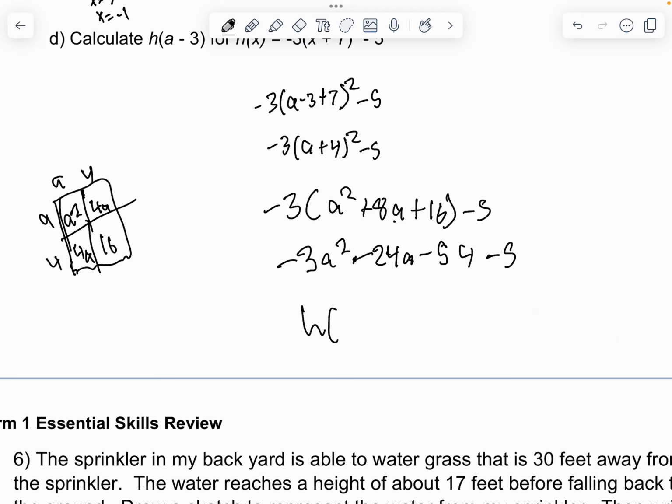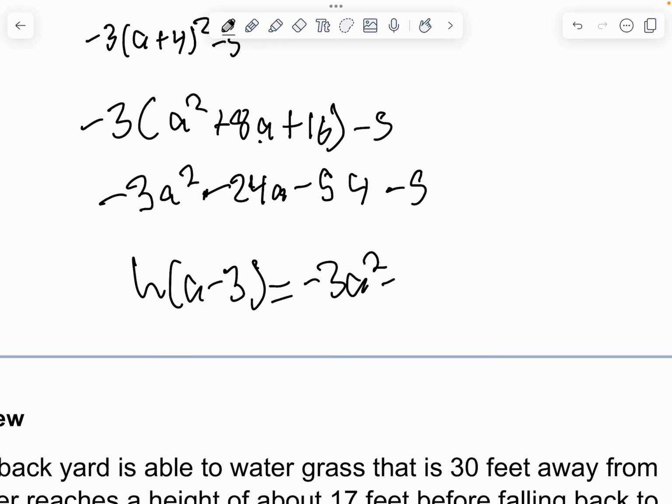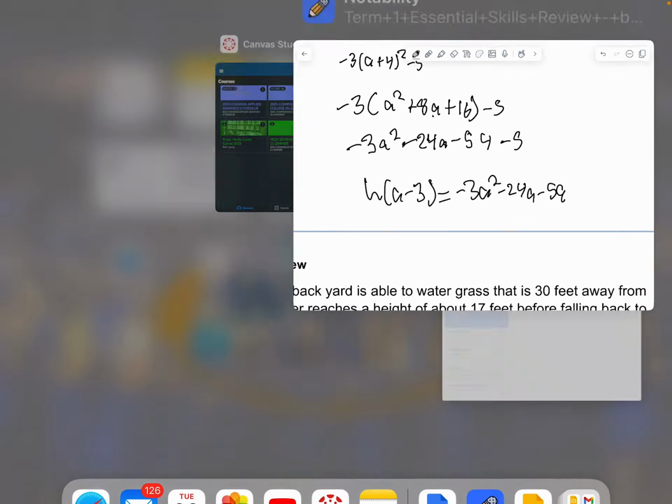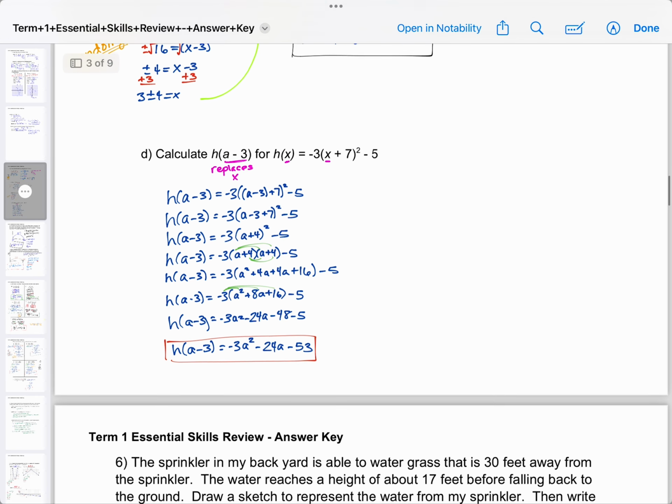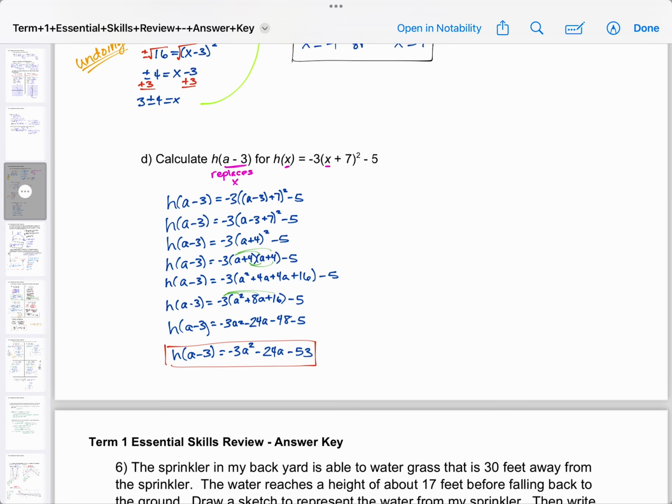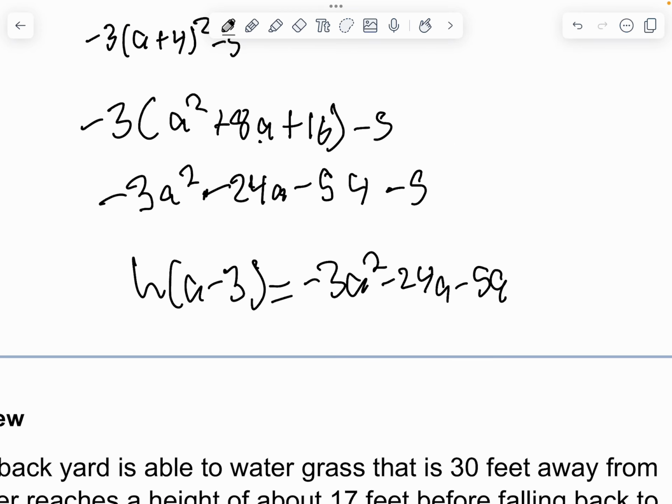So h of a minus 3 equals -3a squared minus 24a minus 53. Sorry, it's minus 53. So the number here is 48, actually.